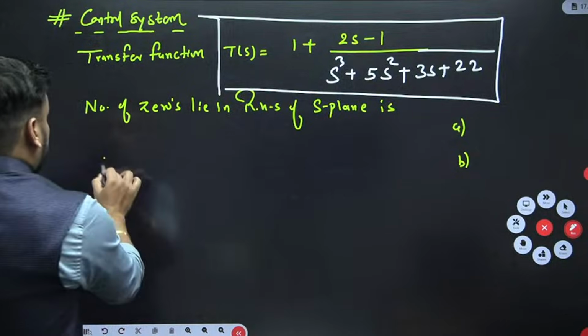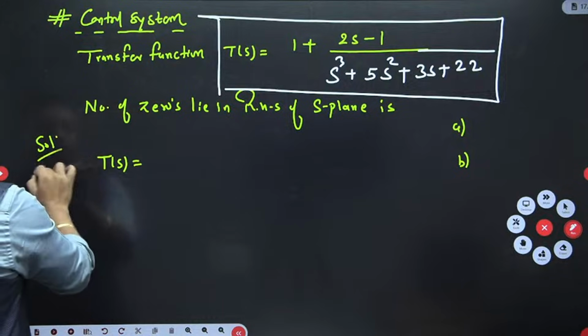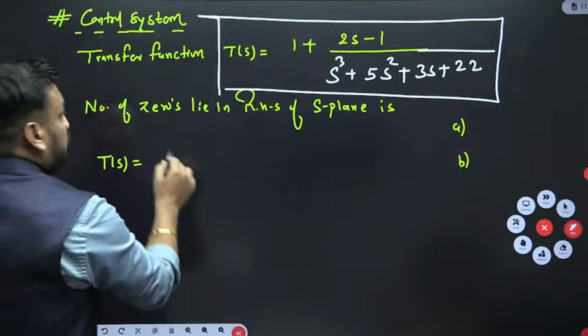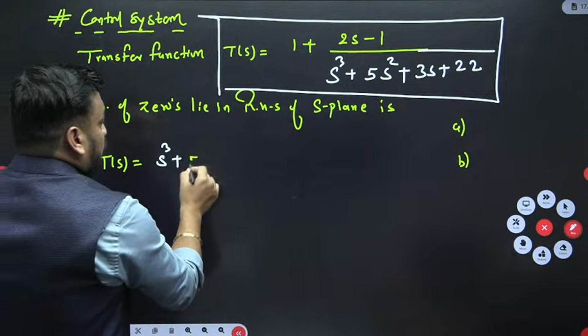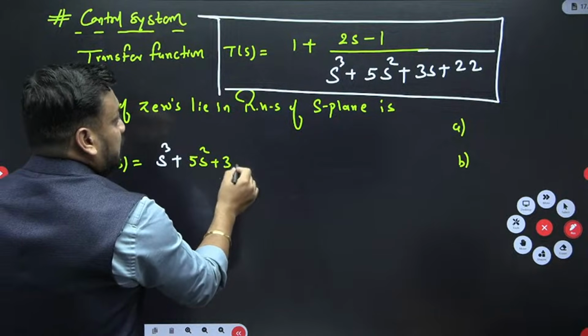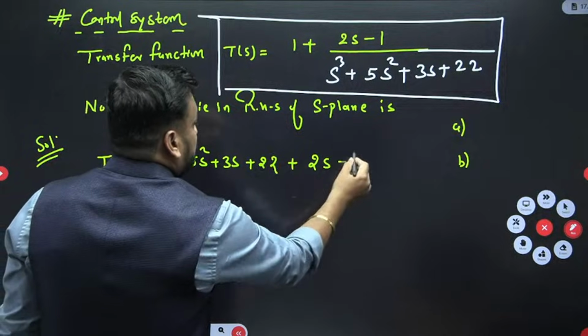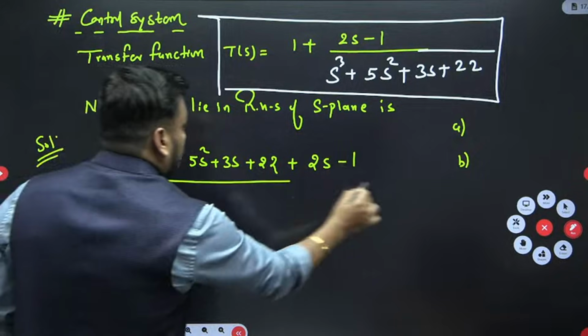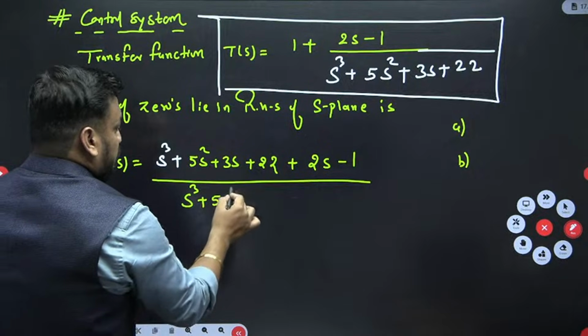Now guys, tell me what is the transfer function now. This is the solution part. When you take the LCM, you will get s^3 + 5s^2 + 3s + 22 + 2s - 1, and the denominator will remain the same, that is s^3 + 5s^2 + 3s + 22.